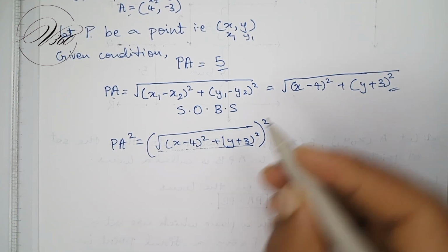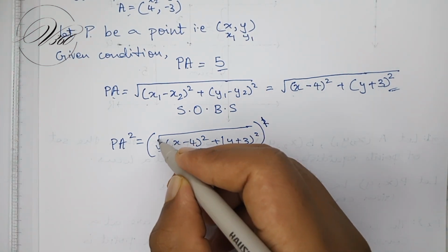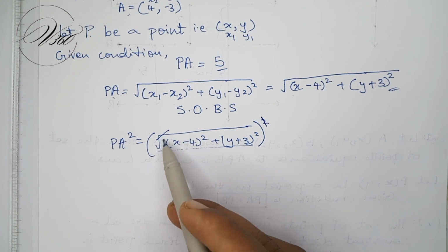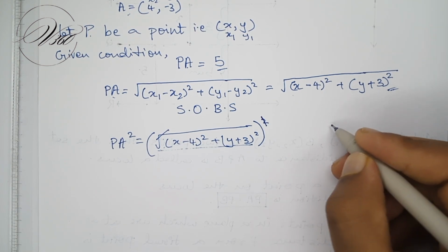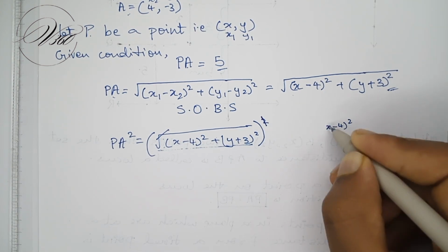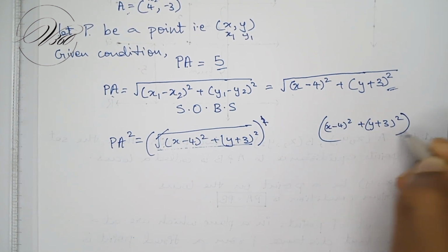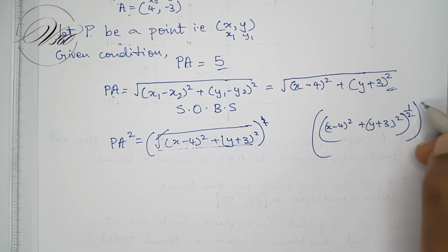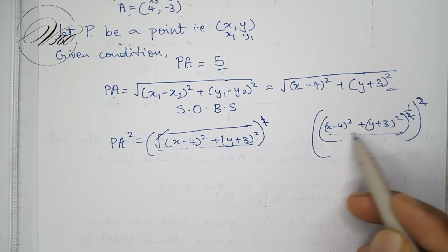Now to remove the root, the power 1 by 2 and the square cancel, because if we remove the root we get the power 1 by 2, and here we get again a square. If we multiply, 2 and 1 by 2 cancel, and we get only this value: (x minus 4) whole square plus (y plus 3) whole square.